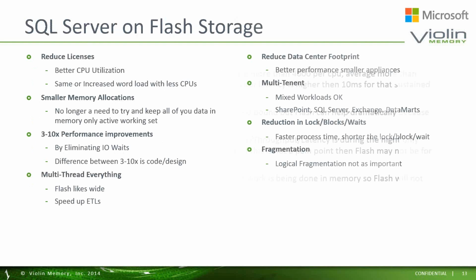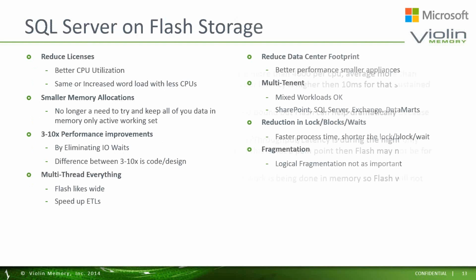SQL Server on flash stores and what it can do for you. So you have determined at this point, going through whatever IO profile measures you want to take, that it might be able to help. And this is what you should expect from SQL Server on flash. Reduced licenses, because you have better CPU utilization.